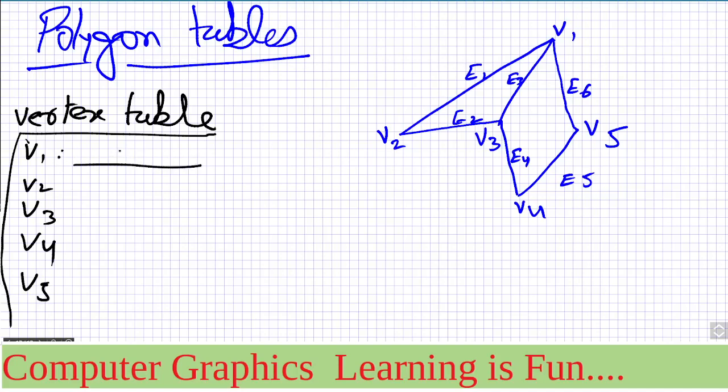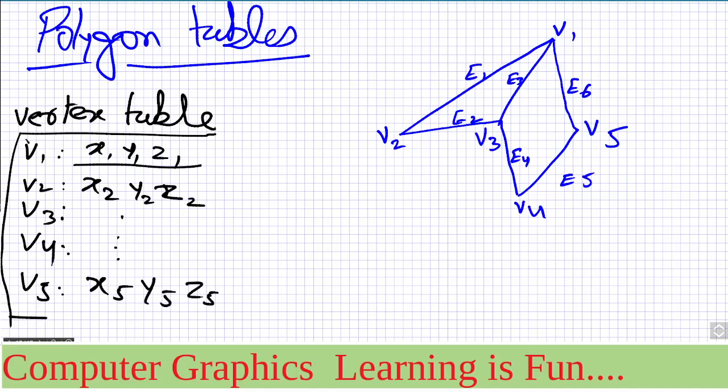It will have x, y and z coordinates: X1, Y1, Z1; similarly x2, y2, z2, and similarly for each vertex, up to x5, y5, z5. So this is a list of vertices representing our object.